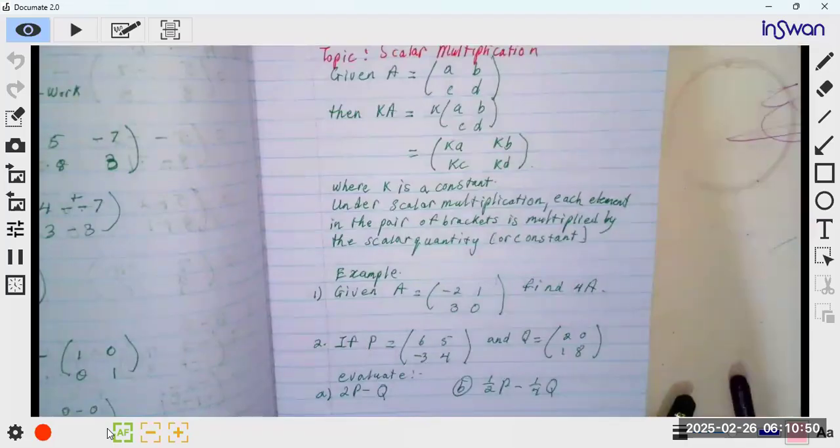The first one is A equal to -2, 1, 3, 0, and we want to find 4A. This is what you all will be doing.